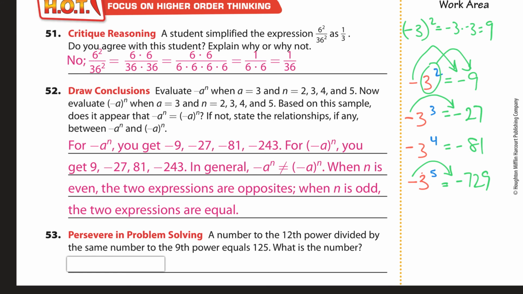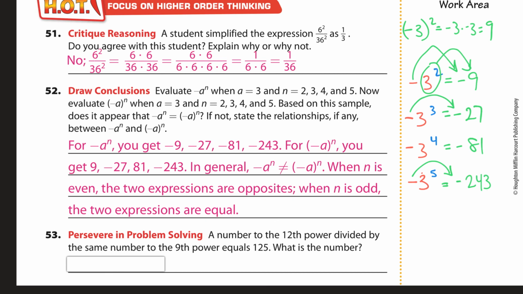Oh, 243. Oh, times 3. Yeah, sorry about that, I was thinking times 9. So 243. Okay. So when n is even, the two expressions are opposites.